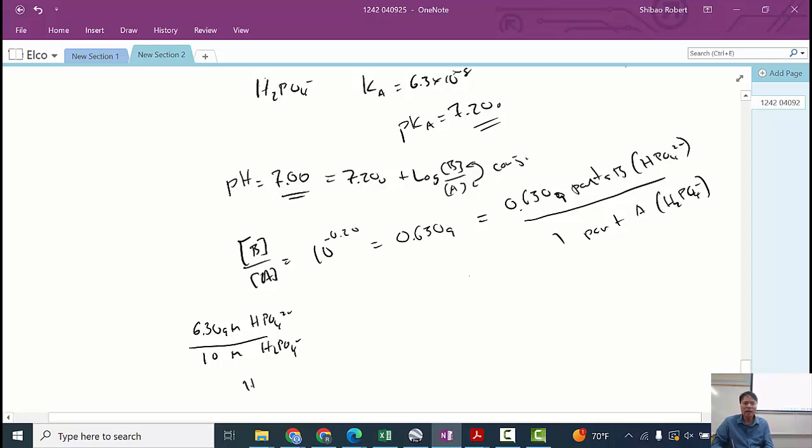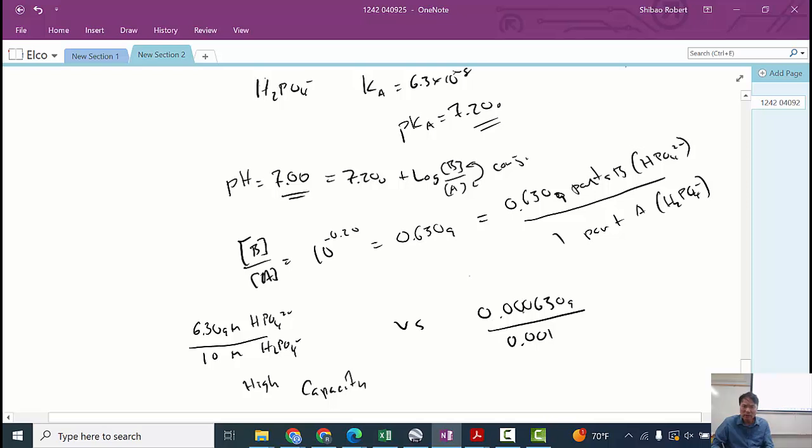This would be a high capacity buffer, versus a low capacity buffer would be like 0.0006309 to 0.001. Is that right?